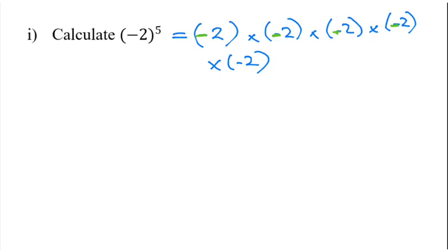Negative times negative is positive. That leaves me with one negative left over. So my answer is going to be a negative number. Now do the numbers. 2 times 2 is 4, 4 times 2 is 8, 8 times 2 is 16, and 16 times 2 is 32. So our answer is negative 32.